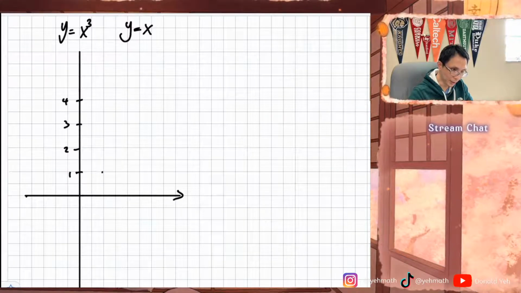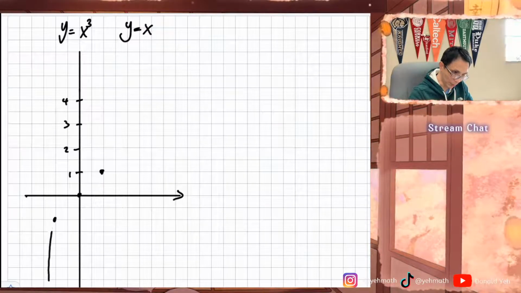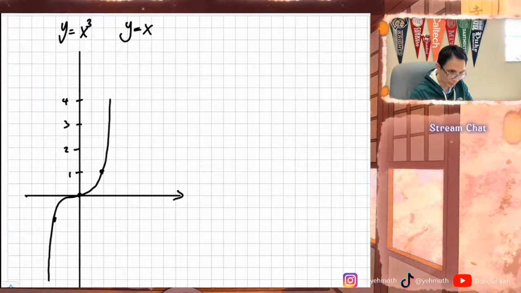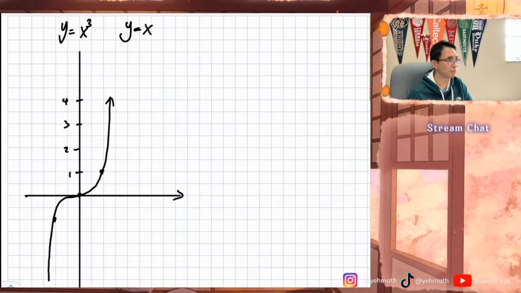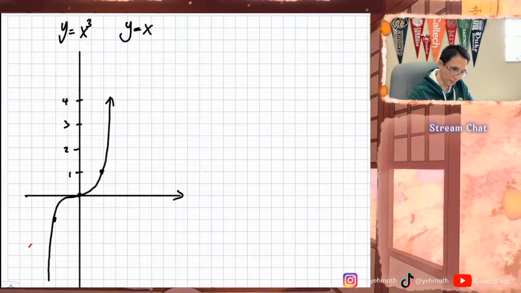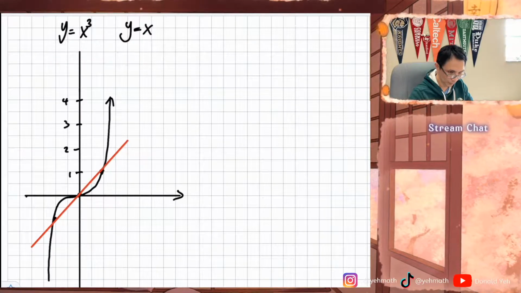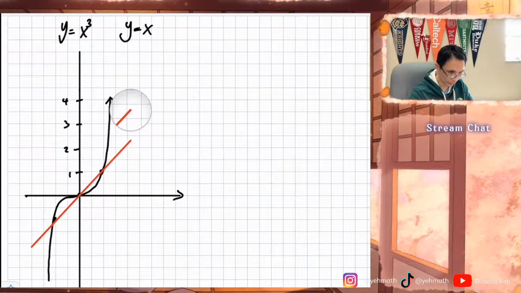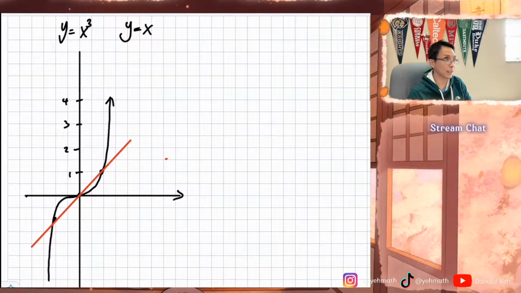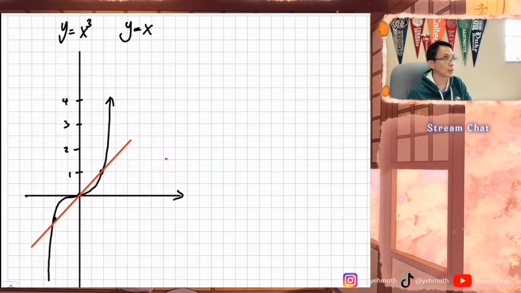Basically it's going to have something like this. Do you guys remember this now? And y equals x is going to look something like this, right? So it turns out I know how to graph this very well, and like I say, I can see 3 intersections.